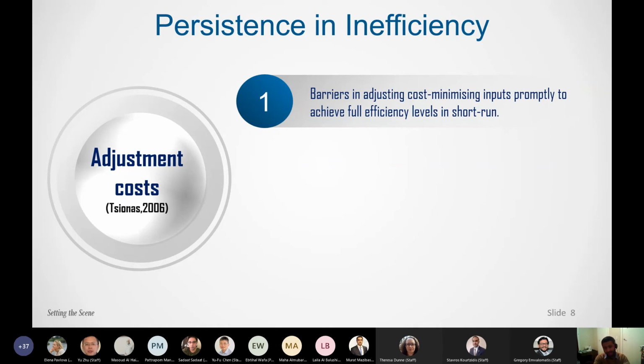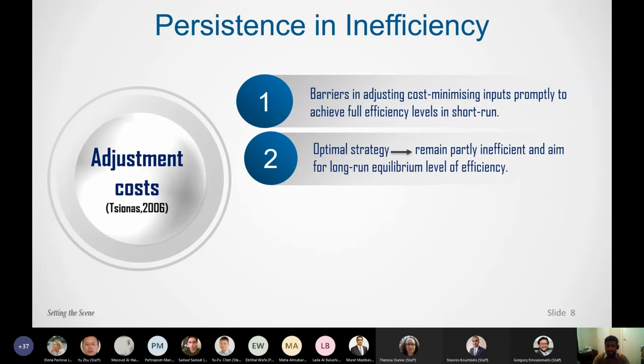There might be some barriers, it might be regulatory barriers in terms of the way the system is set up. If there are barriers for my hospital to operate efficiently, I can't control it, so I will partly remain inefficient for a period of time. That will cause inefficiency to persist over time because of the huge adjustment costs that I have.